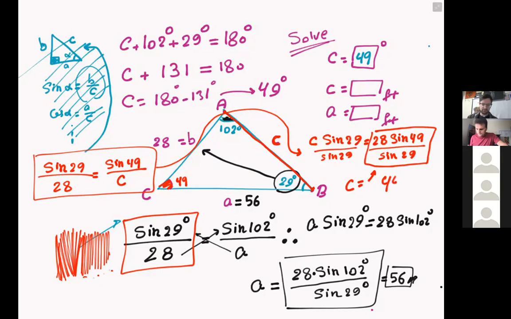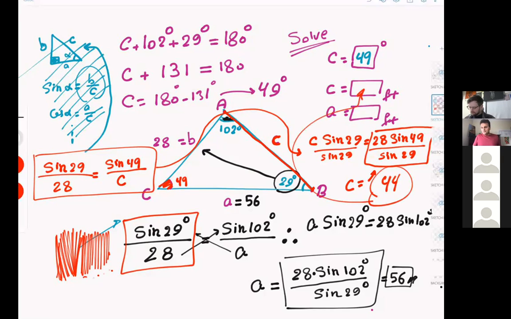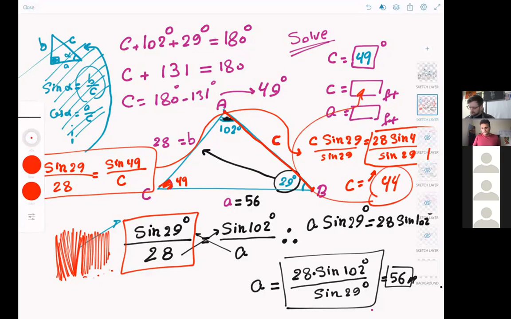Four for rounding up. All right. 44 for the C. Good. So not bad. The formula again, you have it under your note sheets.